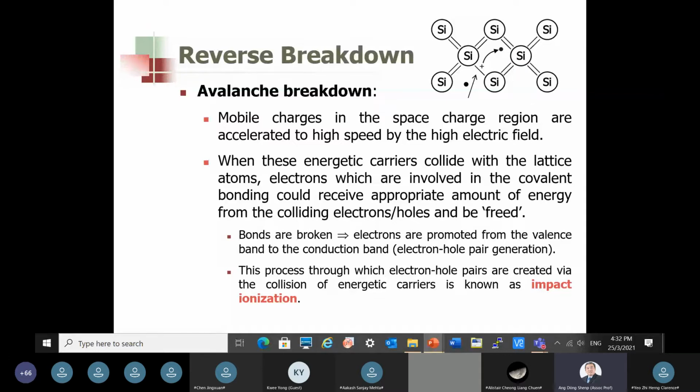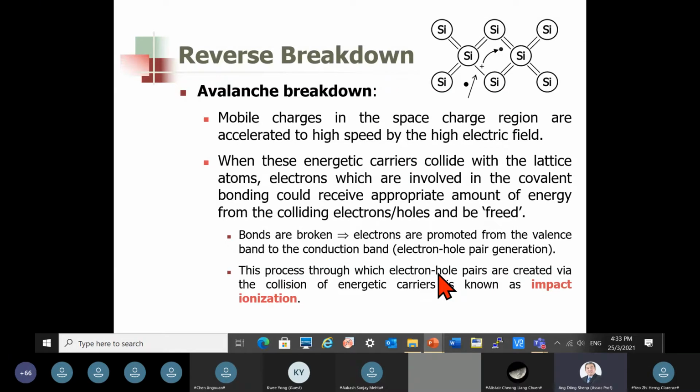Okay, so why is impact ionization important in avalanche breakdown? We will see later on, okay? All right, so impact ionization is a very important concept related to avalanche breakdown. So please try to understand what the concept is all about.